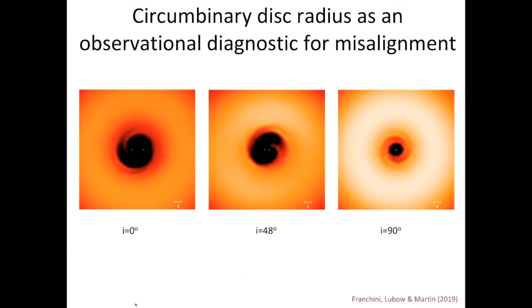So on the left, the inclination of the binary is coplanar, in the middle it's 48 degrees, and on the right it's 90 degrees. It's in a polar configuration. So the cavity size is significantly smaller in the polar aligned case shown on the right than it is at 48 degrees in the middle. So the small hole size is actually in agreement with the observations, suggesting that the disk is at the 87 degrees, being close to polar, rather than at the 48 degrees.